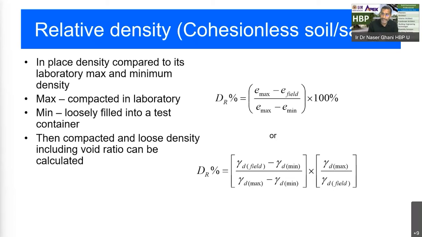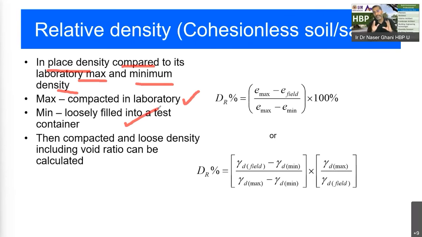So what does this relative density do? It's actually the in-place density, I mean the situation on site, the in-place density compared to its lab maximum and minimum density. The sample will be taken to the lab, and then you will find what is the maximum density in the lab, and also what is the loose density in the lab.